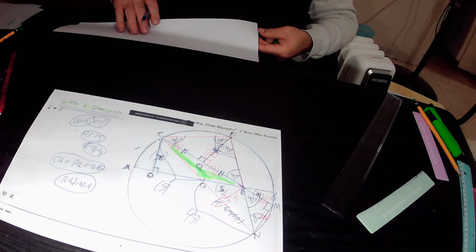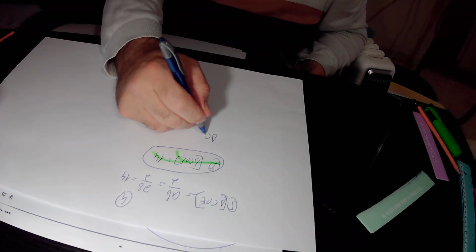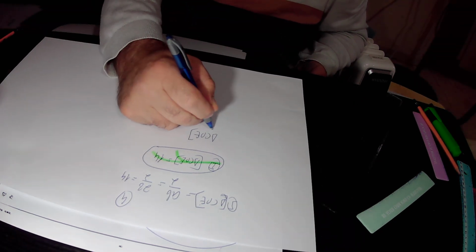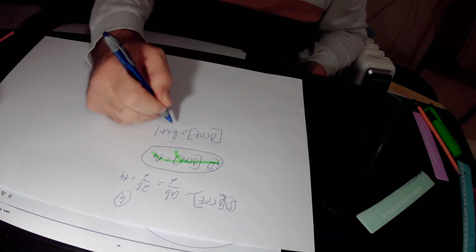So the area of the green triangle COE is equal to the base of the triangle times the height over 2.